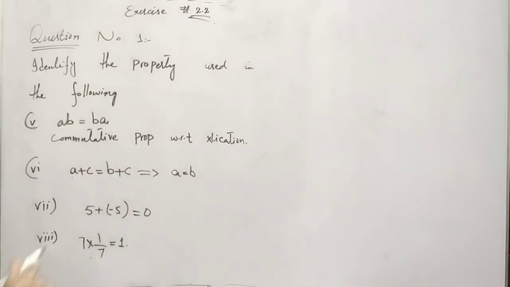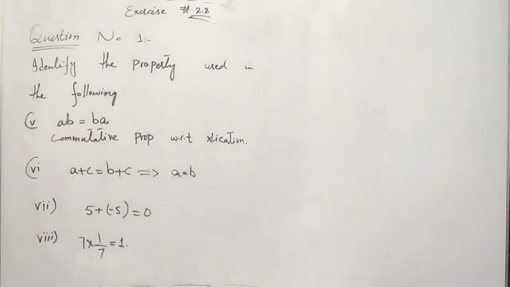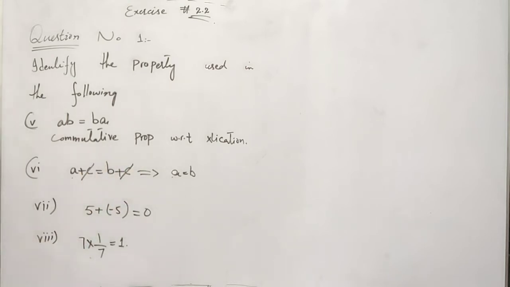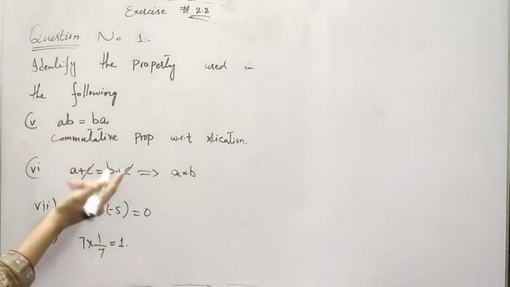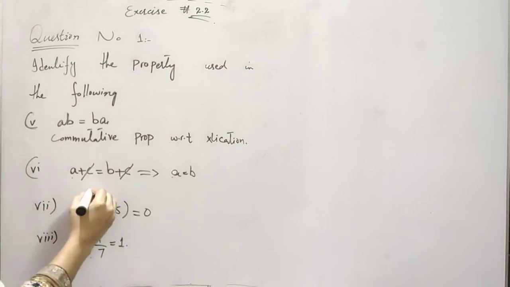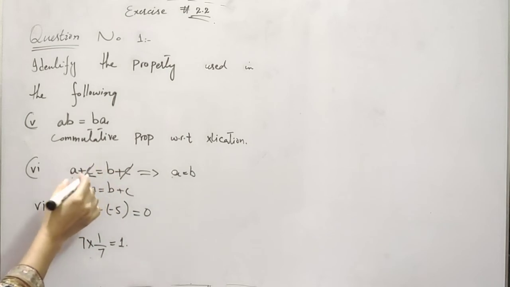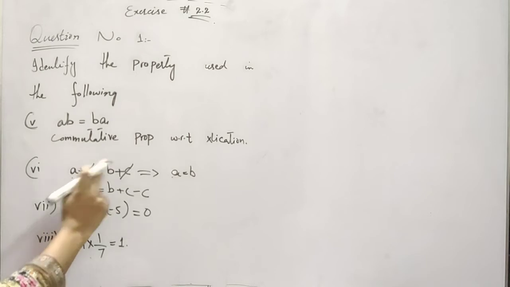Okay, now A plus C is equals to B plus C. It implies that A and B are equal. What does it mean? It means that we cancel C from both sides, because C is equal to C, so we can easily cancel. Actually here A plus C is equals to B plus C, so this C will become minus on the other side.